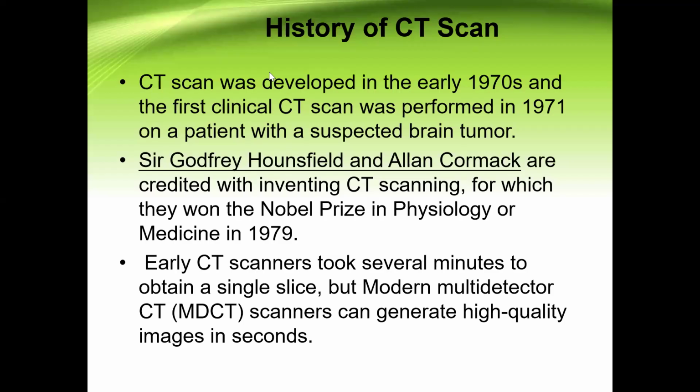They are credited with inventing the CT scan, and they won the Nobel Prize in Physiology or Medicine in 1979. We've moved a long way due to technological advancement, because the early CT scanners took several minutes to obtain a single slice, but modern multi-detector CT scanners can generate high-quality images within seconds.